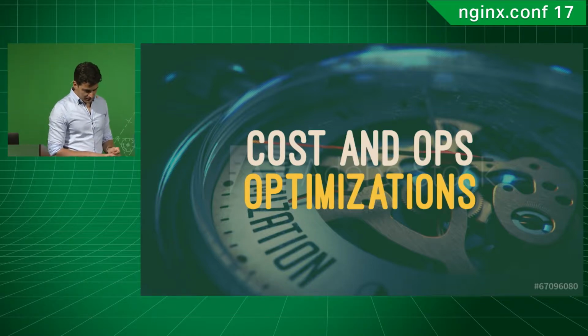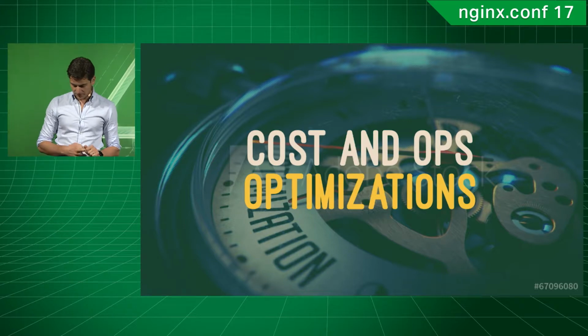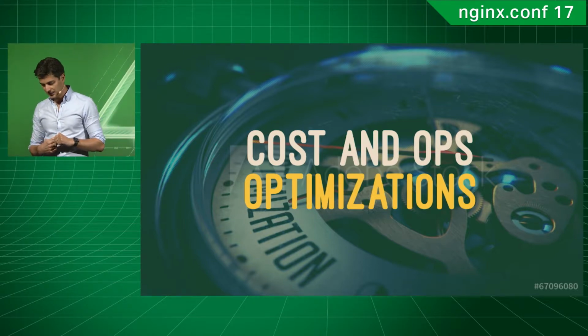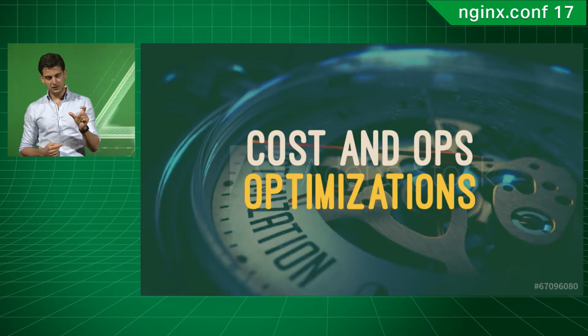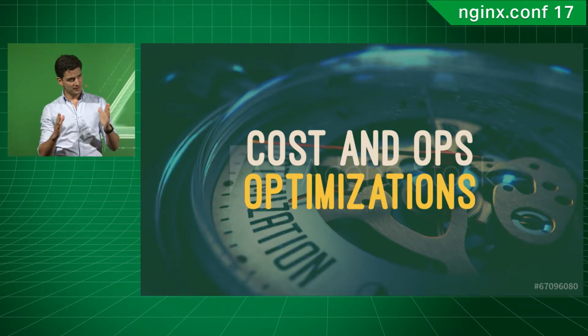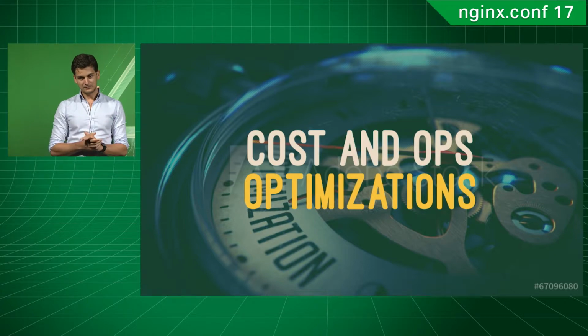The last interesting point that I want to capture related to cost and operations optimizations is that when we think of serverless, the scaling unit is a function. The function is smaller.